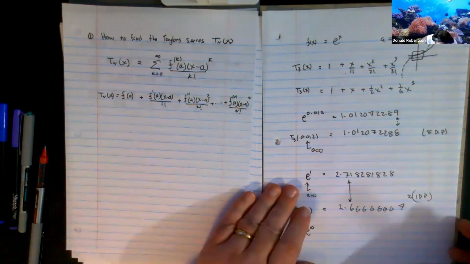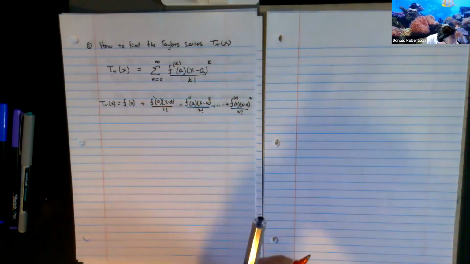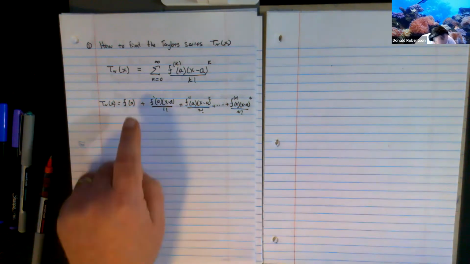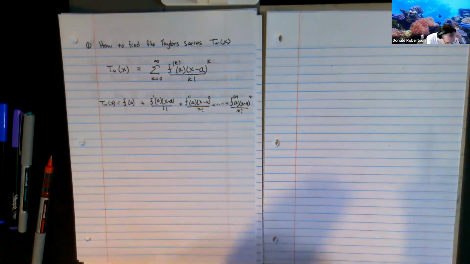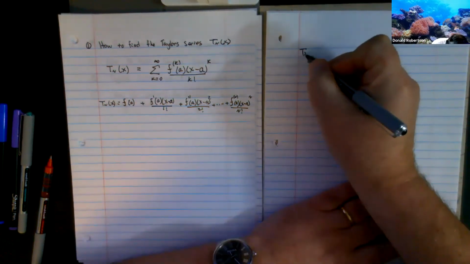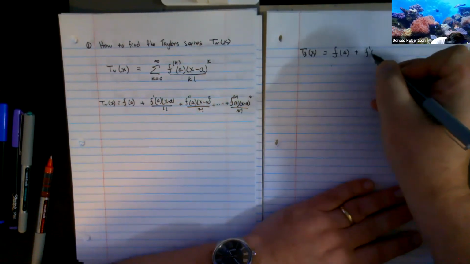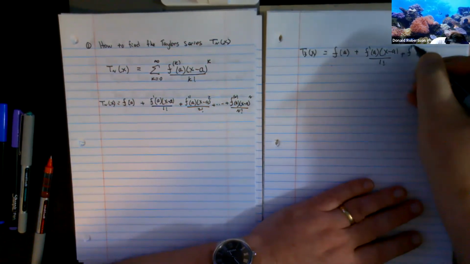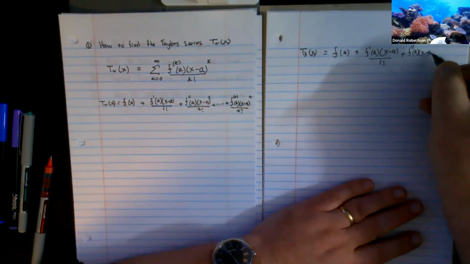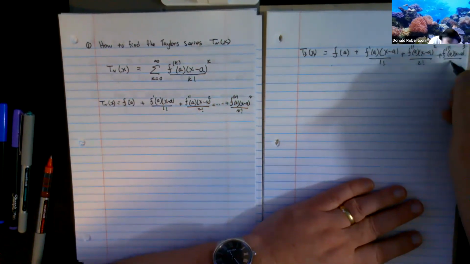So the last thing I want to do on how to find Taylor series is to show you a Taylor series where some of these terms are 0. So the one I'm sticking to is T3 of x. So it's going to be f of a plus f dashed of a, x minus a, over 1 factorial, second derivative over 2 factorial, and then the third derivative, that guy.